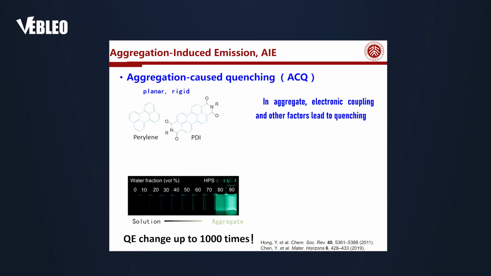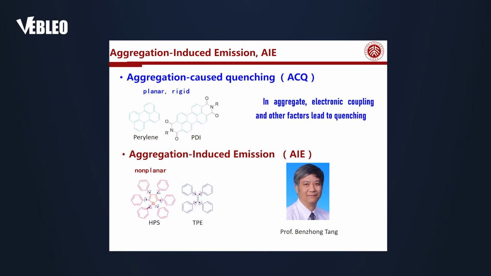This phenomenon is called aggregation-induced emission, or in other words, AIE. Typically, AIE molecules are not planar. They have lots of bulky groups, and these bulky groups can rotate along the C-C single bonds.